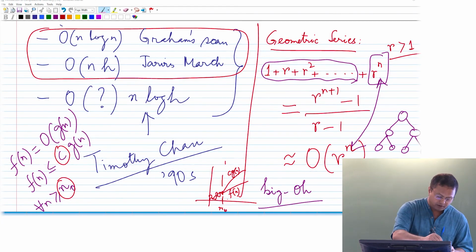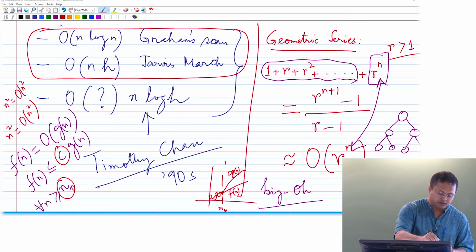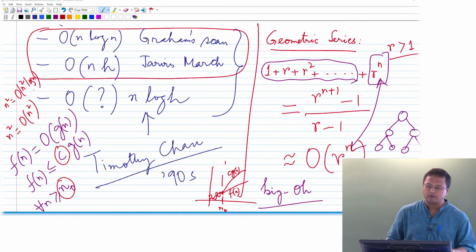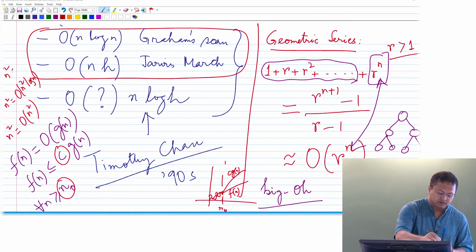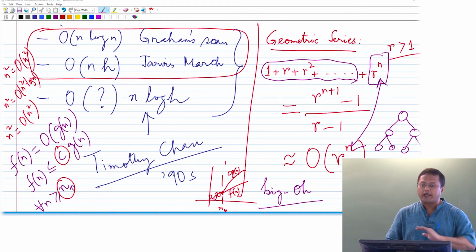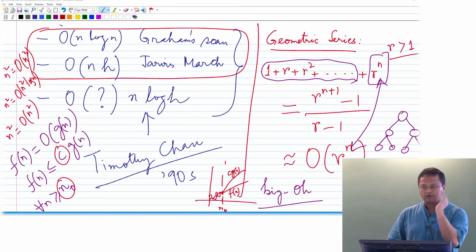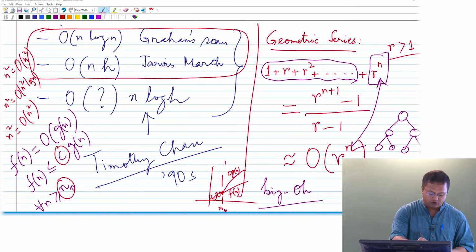So say for example, n square is big O of n square, right. N square is big O of n square log n. N square is big O of n cube, right. So, any function that dominates it beyond an n naught with a positive constant c. Important is, though I have not written, that this c and n naught are positive constants.